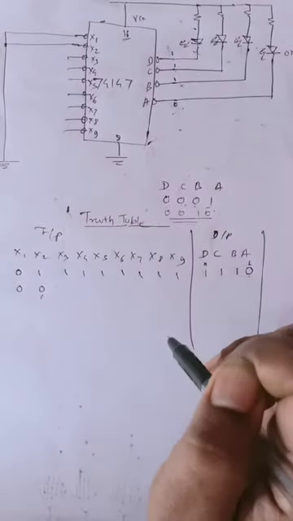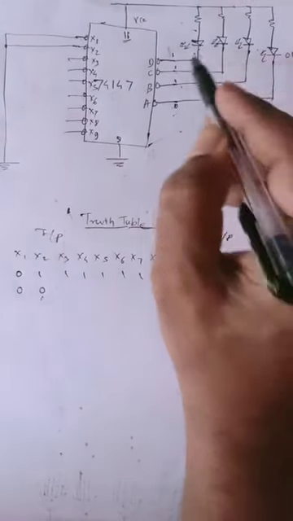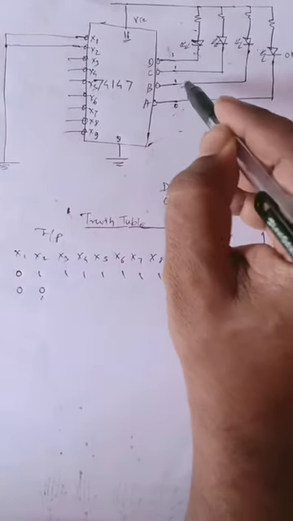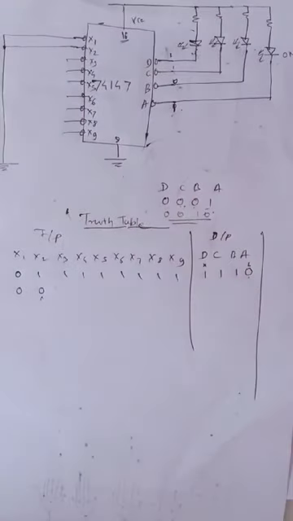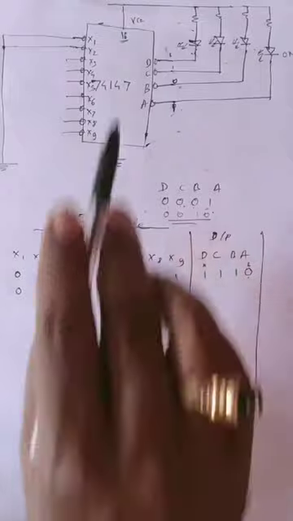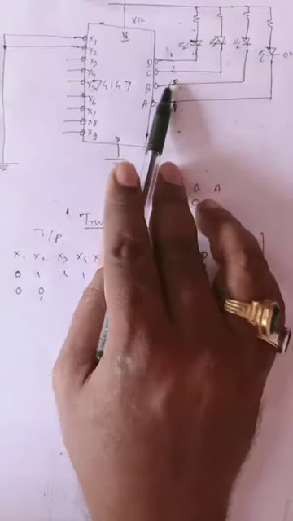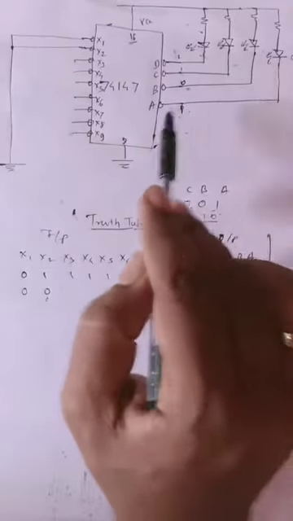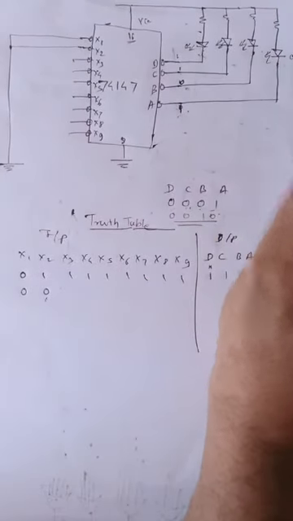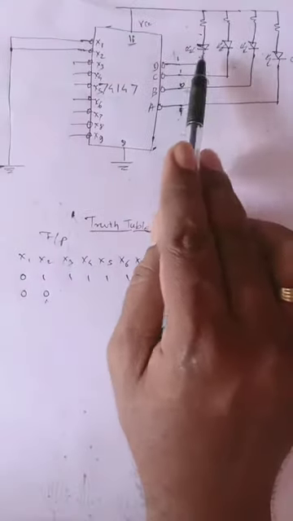For this output you will get, opposite, 1 1 0 1. So this becomes off, this becomes off. Because of 0 it will turn on, because of 1 it will turn off. Then you can see 0 0 1 0, which is equivalent to 2.